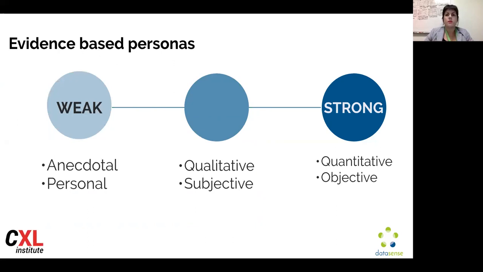Now, again, there's three types of data. Why do I call the first one the weakest? Well, it's hard to base product roadmaps and marketing campaigns and knowledge about your users on either somebody else's experience or your own personal experience, although there are exceptions.